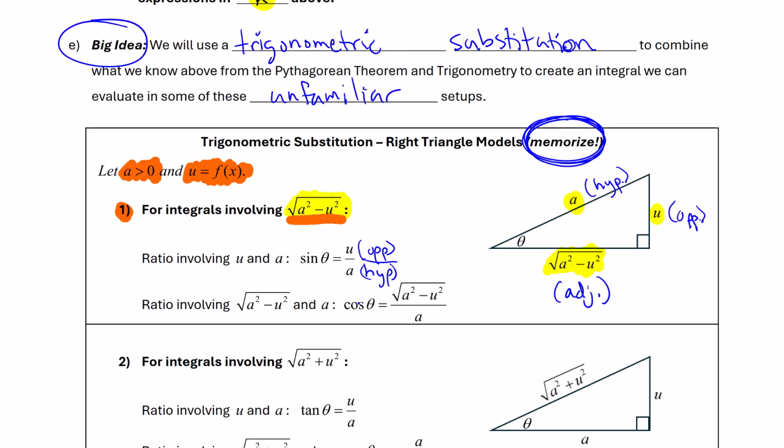So, with that being the case, cosine of theta, again with SOHCAHTOA, CAH, cosine is adjacent over hypotenuse. Well, if adjacent is the square root of a squared minus u squared, then that would be that square root all over a. That's just adjacent over hypotenuse.